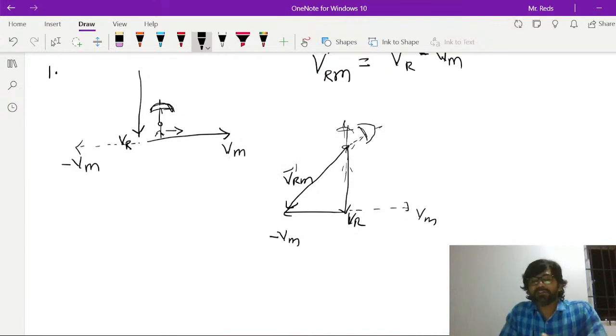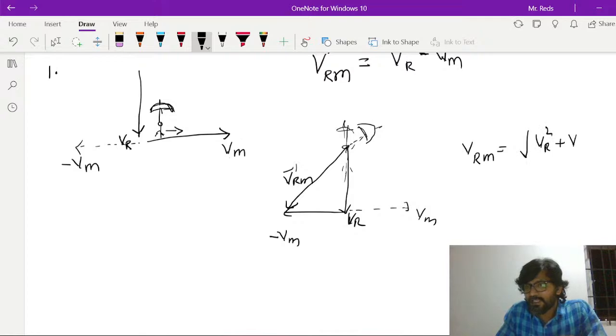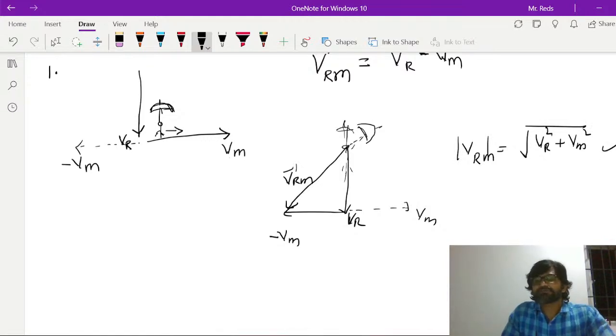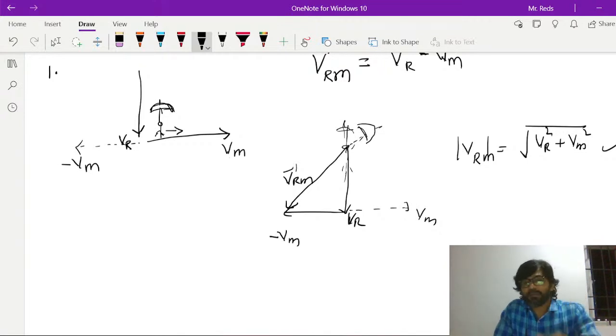If you know the magnitudes of Vr and Vm, the magnitude of velocity of rain with respect to man is equal to the square root of Vr square plus Vm square. But at what angle does he have to turn the umbrella, with respect to vertical or horizontal?